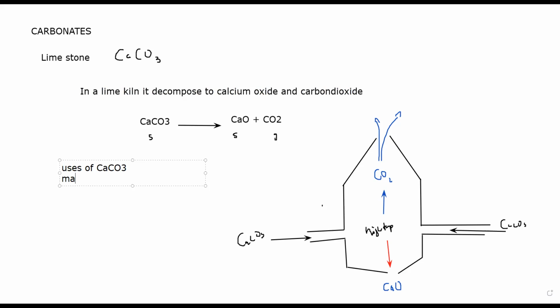This calcium carbonate was added, which forms calcium oxide and carbon dioxide, and that calcium oxide reacts with silicon oxide, which forms slag. So we use calcium carbonate for extraction of iron.